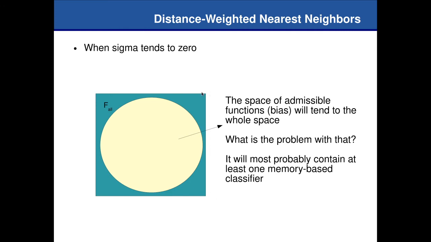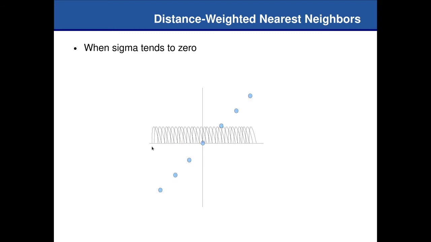Why? How can I see that? Of course, if I reduce my sigma very, very much, for every query point I have in terms of this input axis, if I bring a small perturbation, I will have a different Gaussian function. If I bring another perturbation, another Gaussian function. How many functions do I have here?